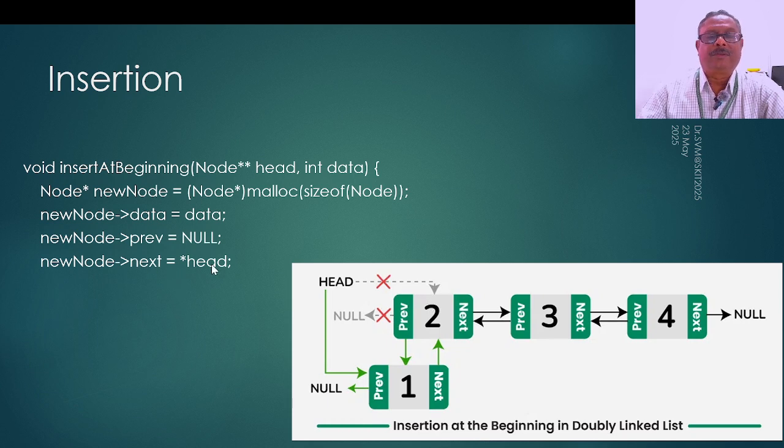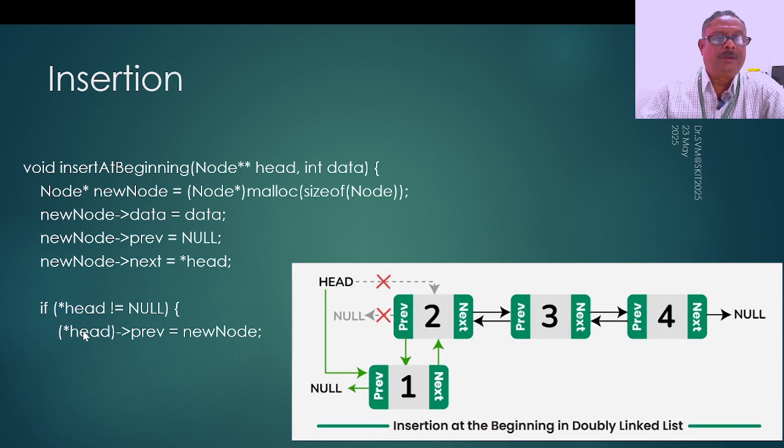So the new node's next is the head, so we create this link, and then we say if the head is not null, because only if such a node exists can we create a previous and all that, then the head's previous should be the new node.